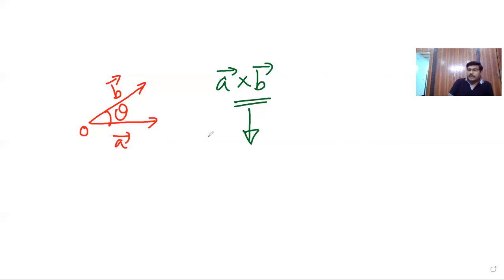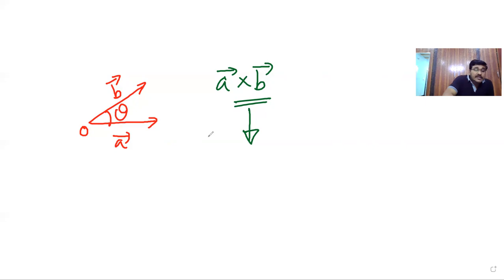Once again, if you need A bar cross B bar, you place your right hand at the origin. In the line of A bar vector, you straighten your fingers and move towards B bar, curling your fingers like this, such that the thumb shows the upward direction.